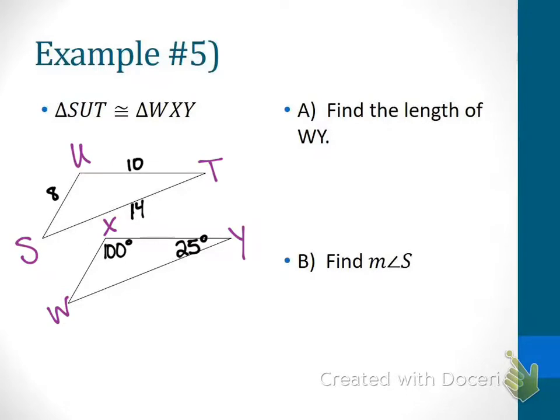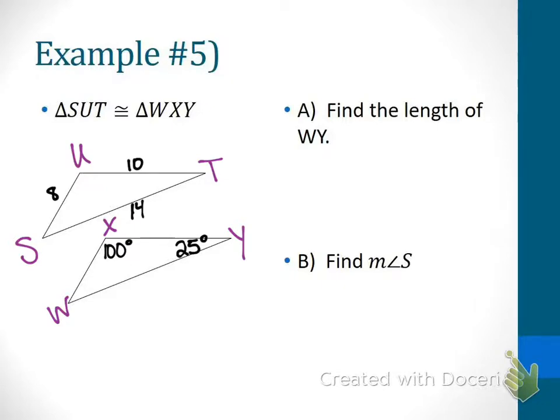Okay, if we are asked to find the length of segment WY, well, I didn't label any of the segments in that whole triangle. But if I know these triangles are congruent, then WY should be congruent to which other side?